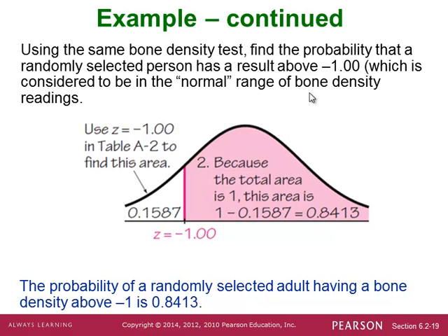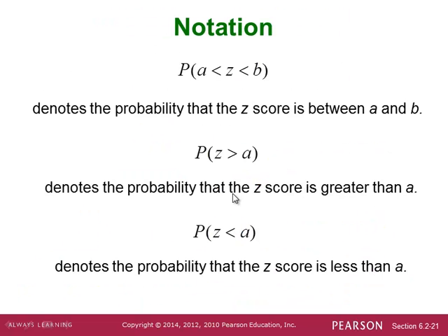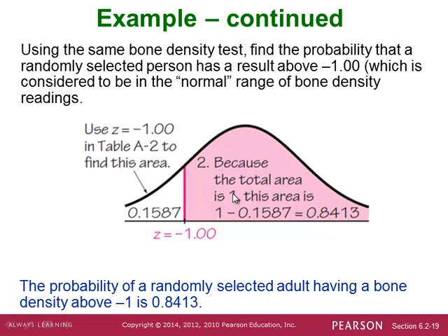Now, again, looking at the standard normal distribution, the mean of 0, standard deviation of 1, someone who's got a negative 1.00 bone density score is going to be right here. It's one standard deviation below the mean. Now, what we want to find is the probability that someone has a bone density above negative 1.0.